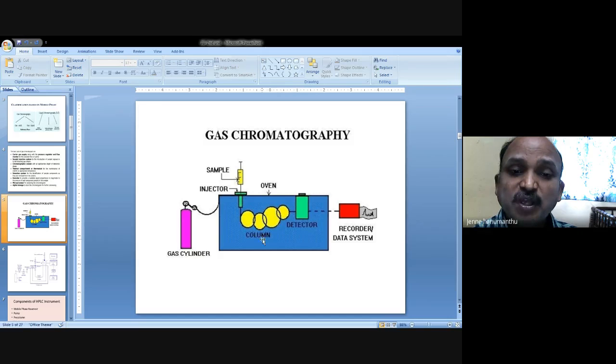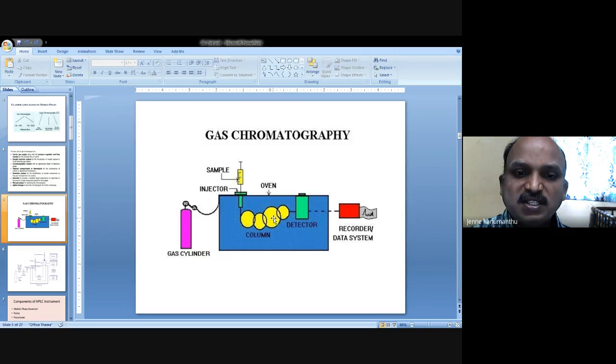So based upon the stationary phase characteristics, the mixture elements will reach the detector. If the column has polar characteristics, the chemical components within the mixture having the same polarity will reach the detector slowly.